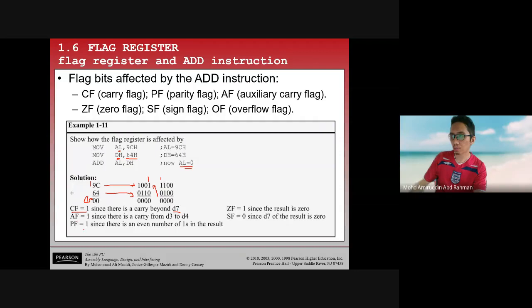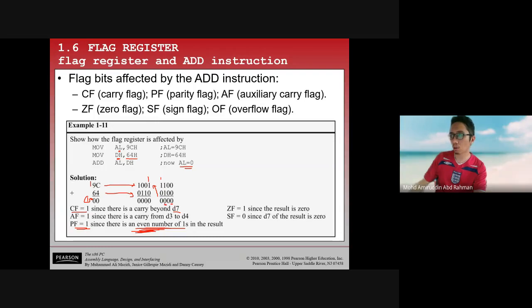PF will become 1 here because there is an even number of ones in the result. So this is an even number.